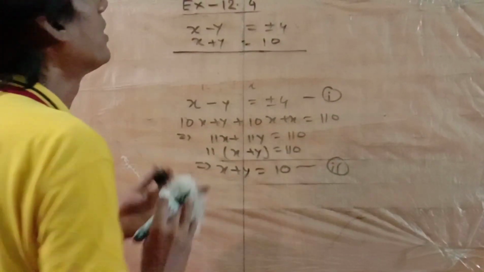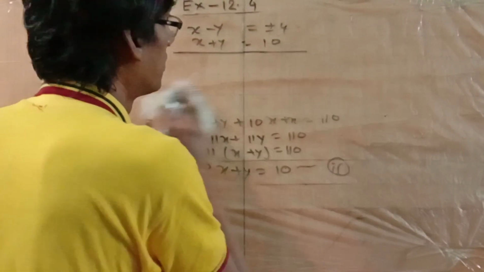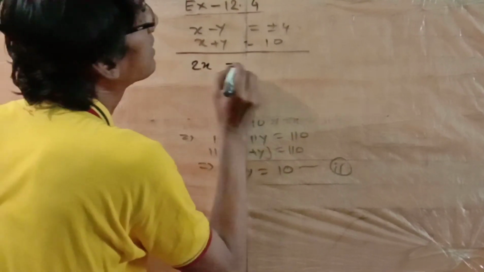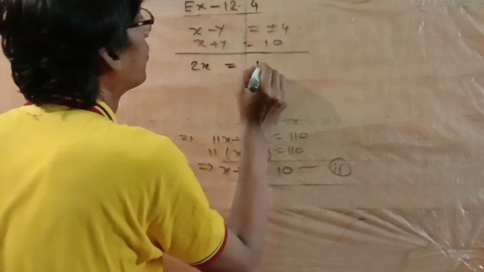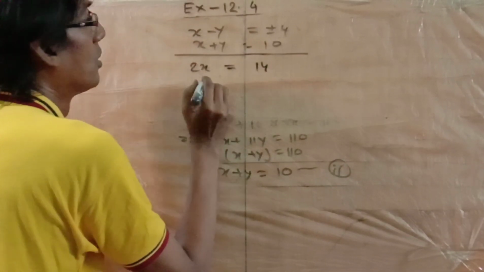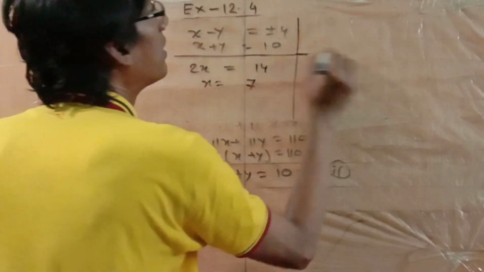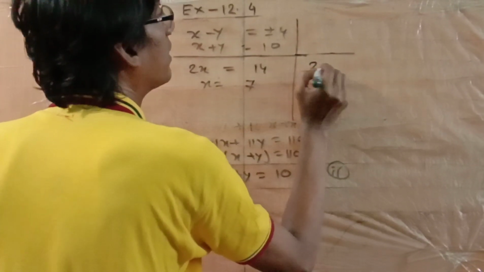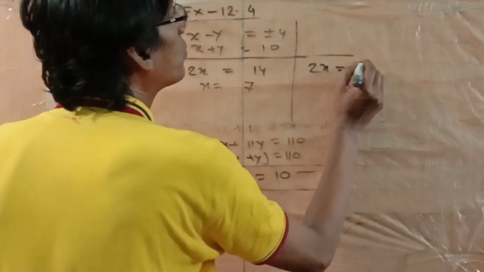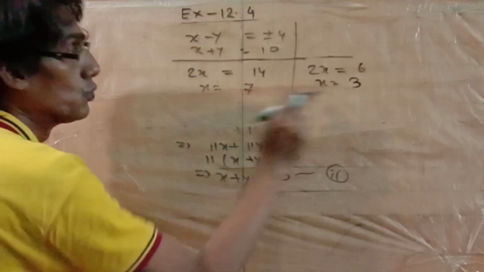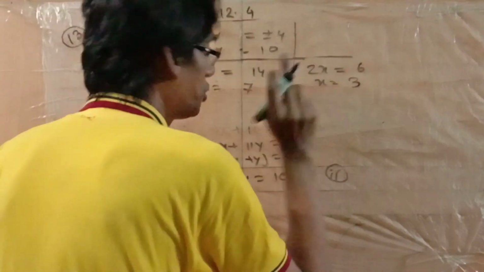So the result is, look here, 2x equals 14, or x equals 7. Again, if it is minus, then 2x equals 6, so x equals 3. So the value of x is either 7 or 3.